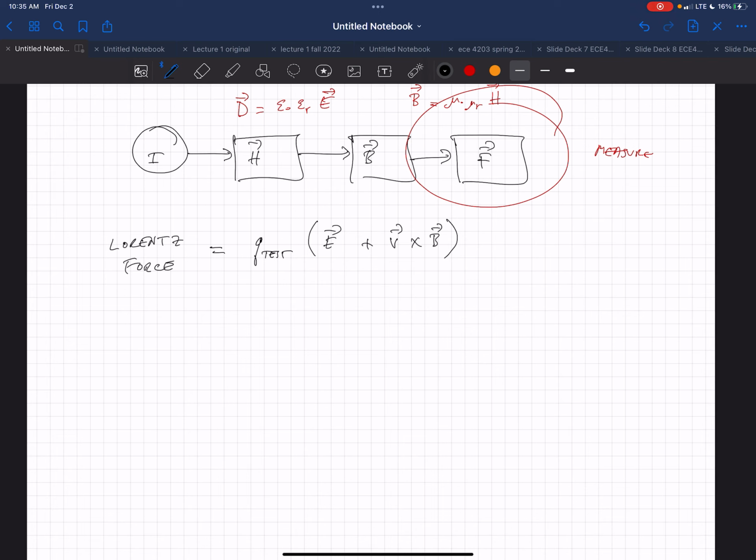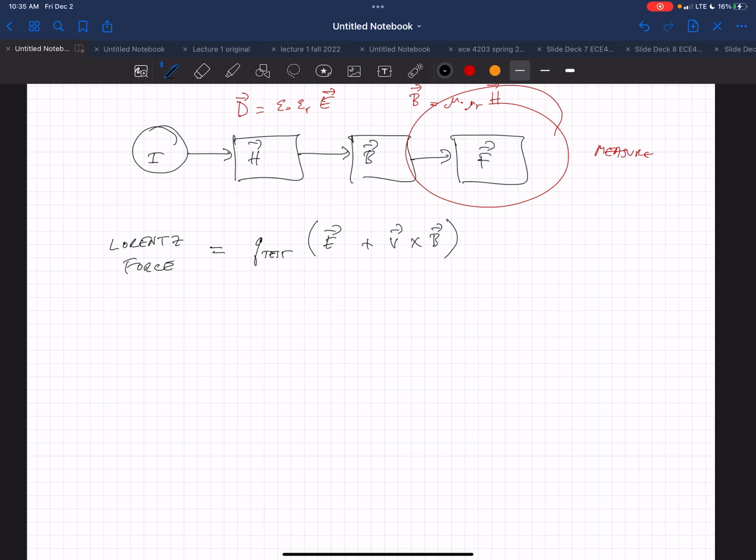First of all, the charge doesn't have to be moving for the electric field to affect it, okay? Notice the Lorentz force says that there's a force on this charge from the electric field, whether it's moving or not. The electric field times this charge is the same as electric force, Coulomb's law kind of thing.